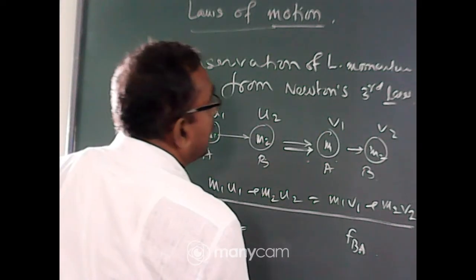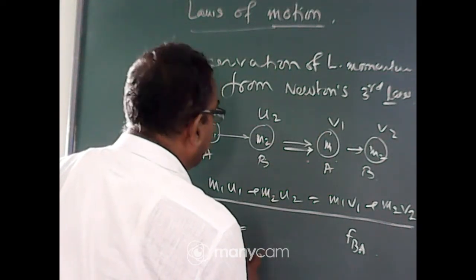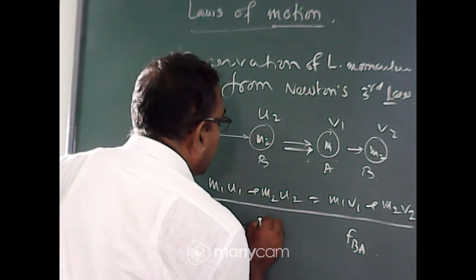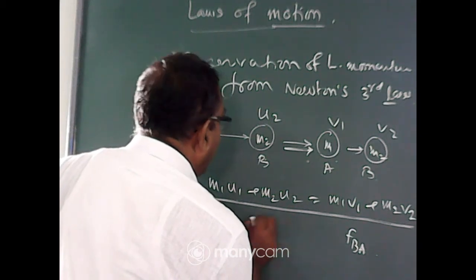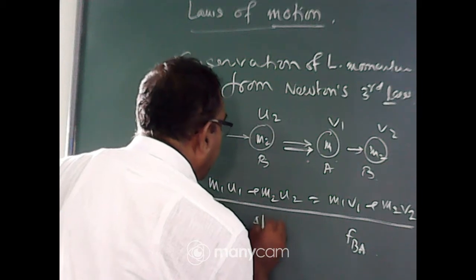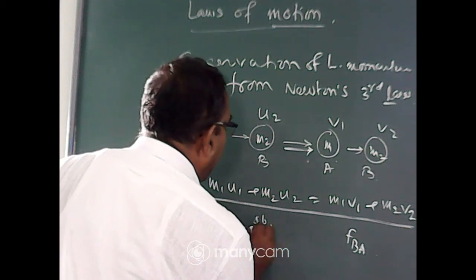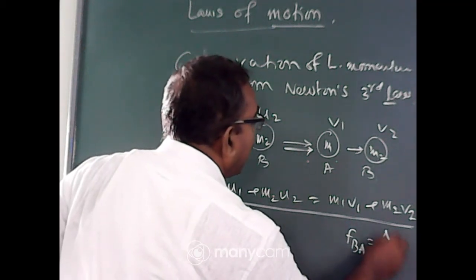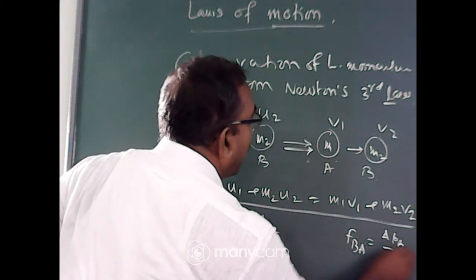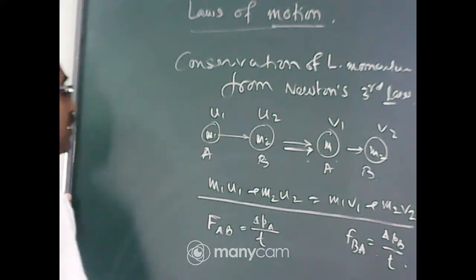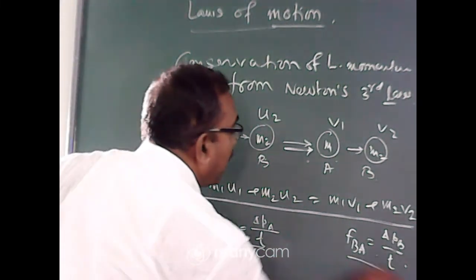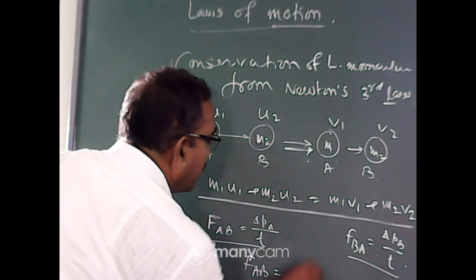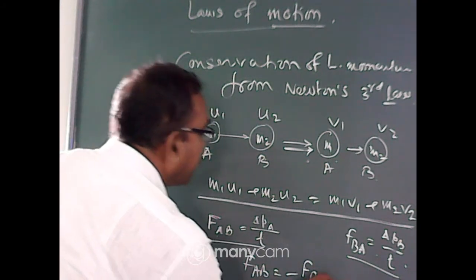That means change in momentum by time. Del P A by T. In a similar way, del P B by T. So, according to Newton's third law, you know it, FAB equals minus FBA.